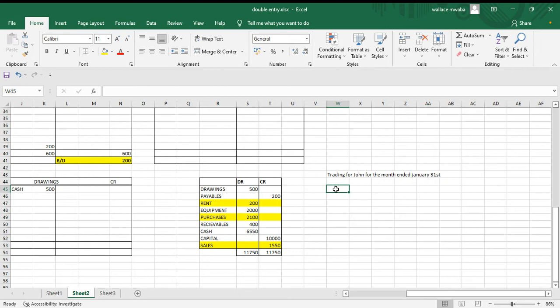Always in our trading account, start with our sales, 1,550. Now we get our cost of sales. Remember, gross profit equals sales minus cost of sales. What are the cost of sales? We only have purchases here.